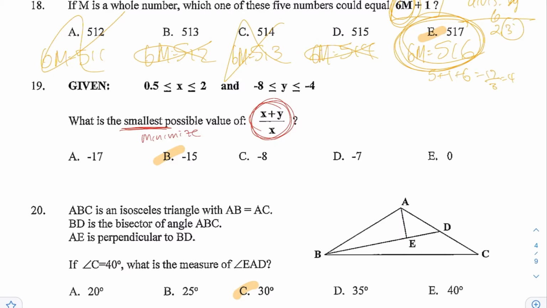Now, if you want the smallest possible value, and since this is a negative number, you want a large negative numerator and a small positive denominator.